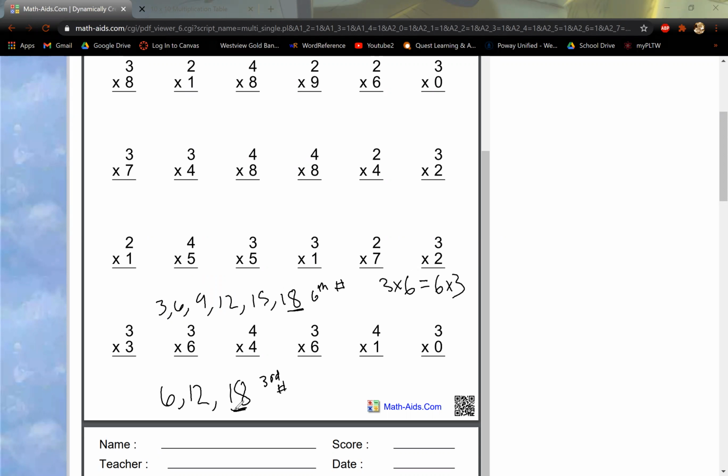And you're going to get the same answer both times, because with multiplication, just like addition, where 1 plus 2 equals 2 plus 1, 1 times 2 equals 2 times 1. Regardless of the order, the answer is still the same. That's why we don't have to worry about which way we look at it.